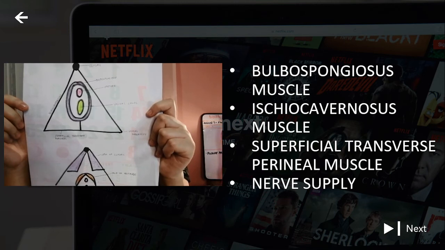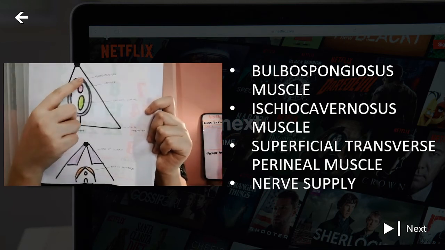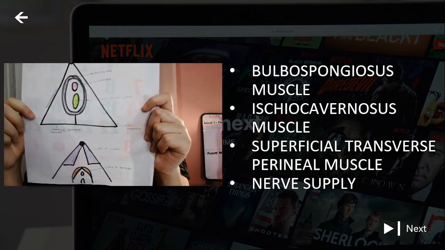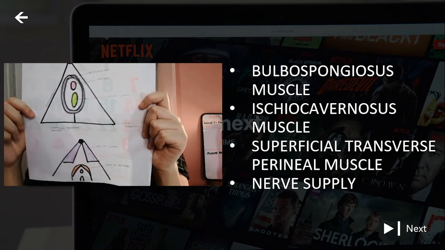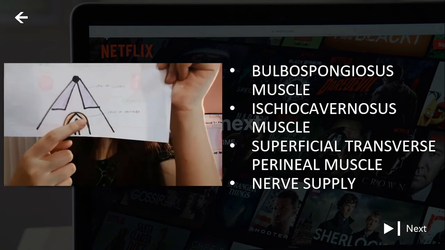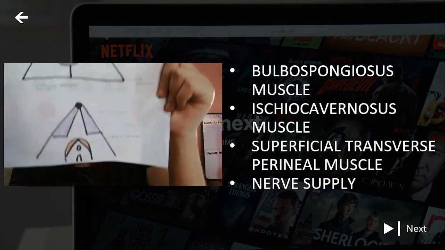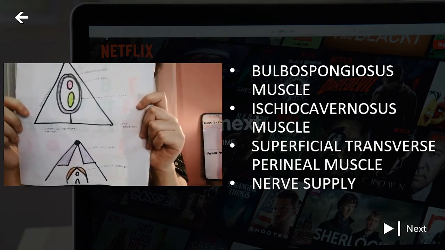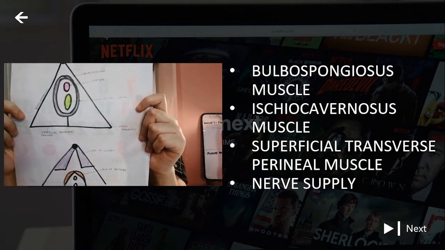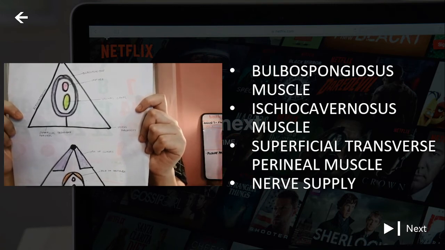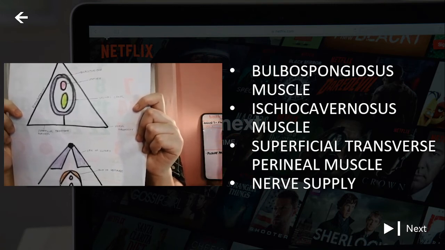So the bulbospongiosus muscle, which is right here, surrounds the orifice of the vagina and covers the vestibular bulbs, which is right here. Its fibers extend forward to gain attachment to the corpora cavernosa of the clitoris.